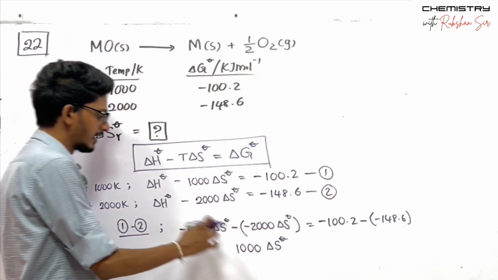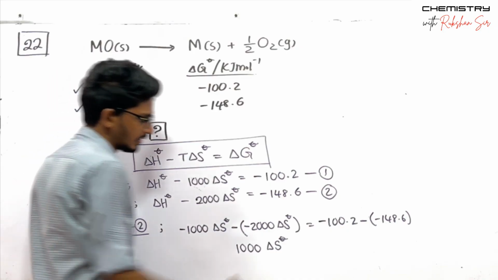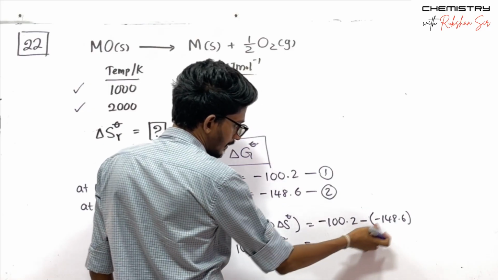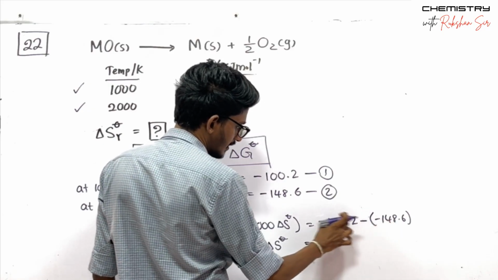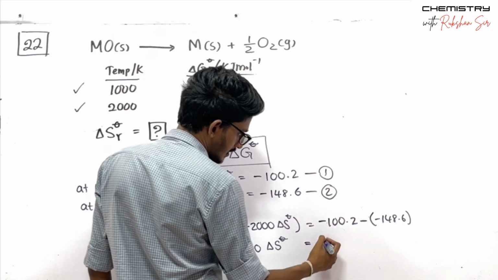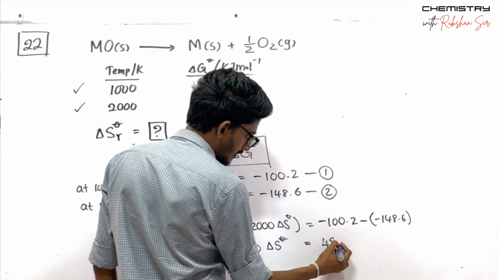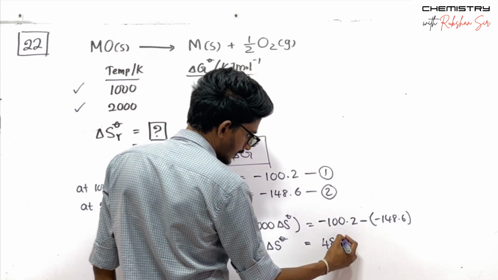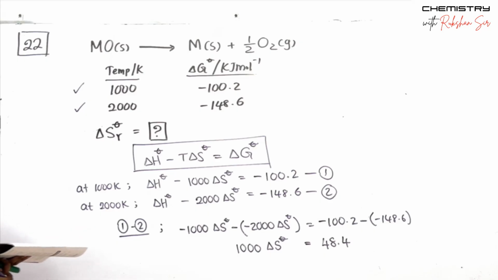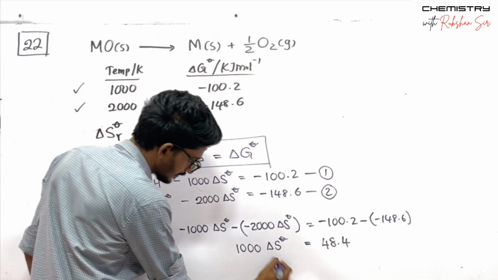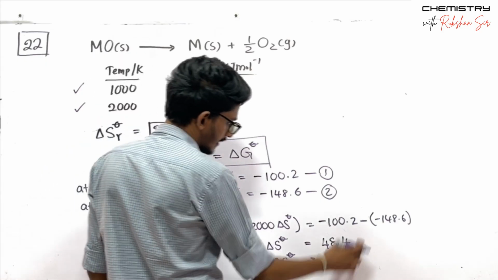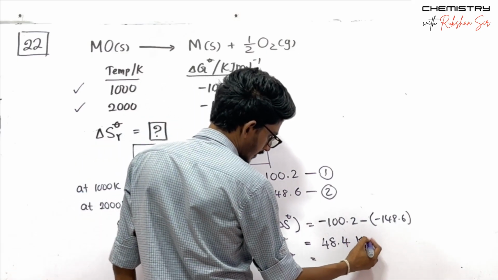So plus 2000 minus 1000, that is 1000 delta S naught, is equal to plus 148.6 minus 100.2. This is going to be 48.4. So delta S naught is then, this is coming in kilojoules per mole.